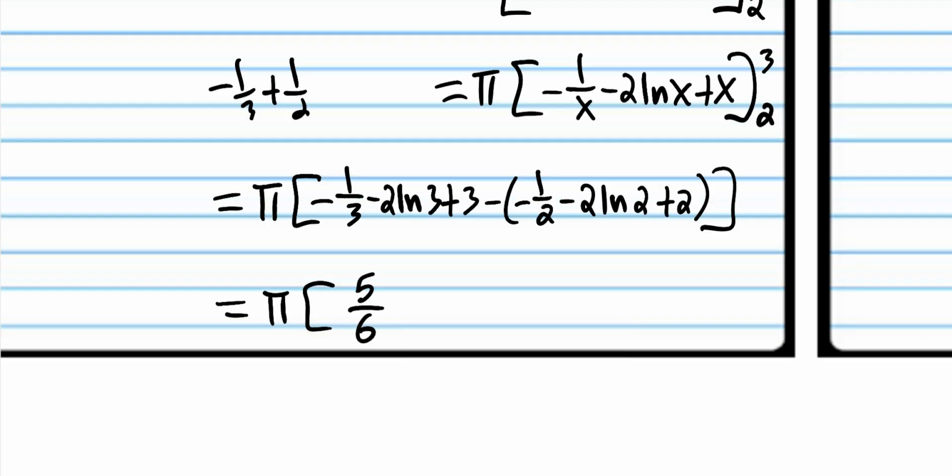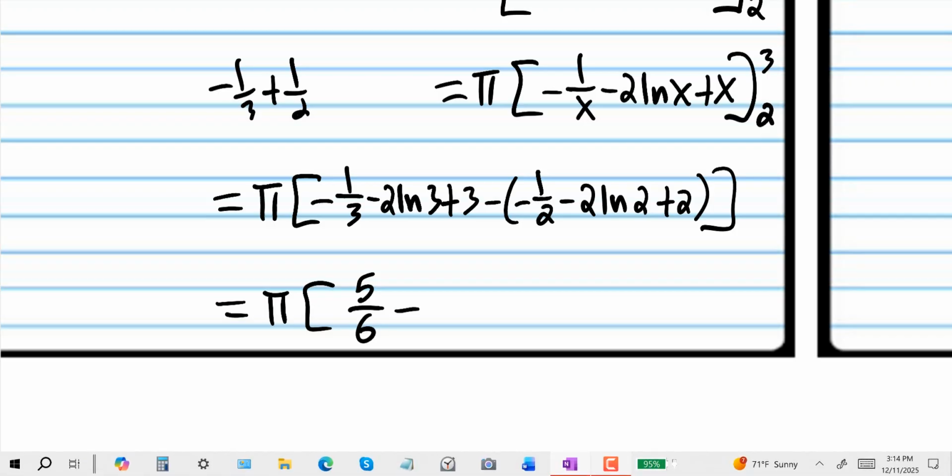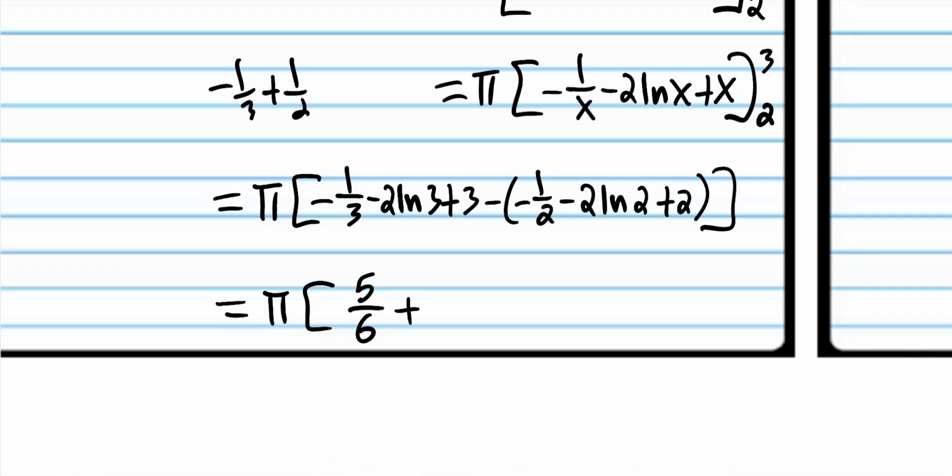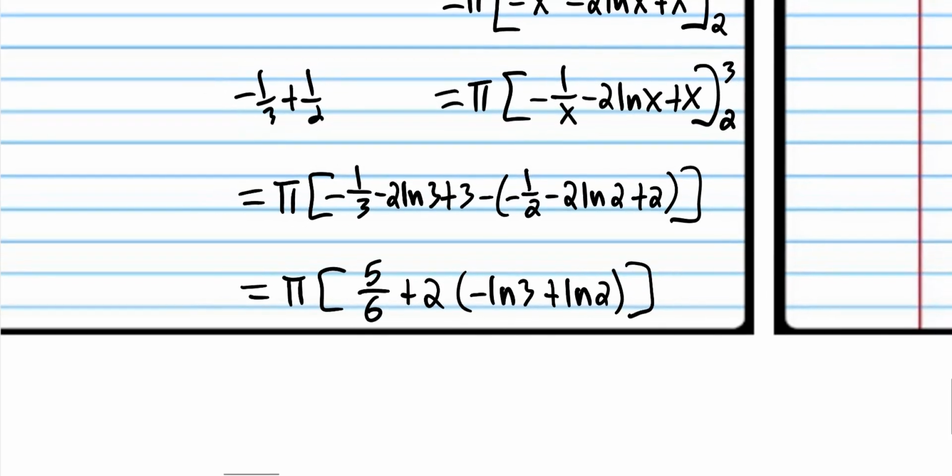And we can factor out a 2 from these natural logs. And we're left with negative natural log 3 plus natural log 2. And there's a lot of different ways that you can simplify this expression.